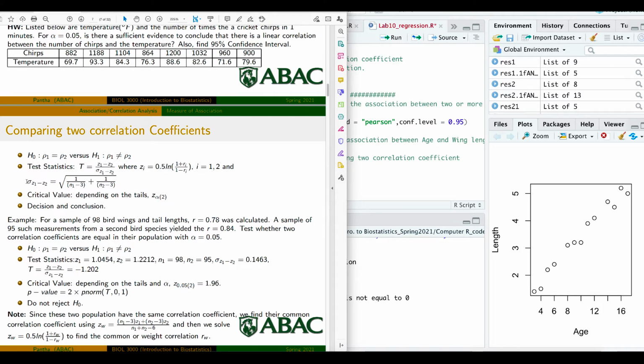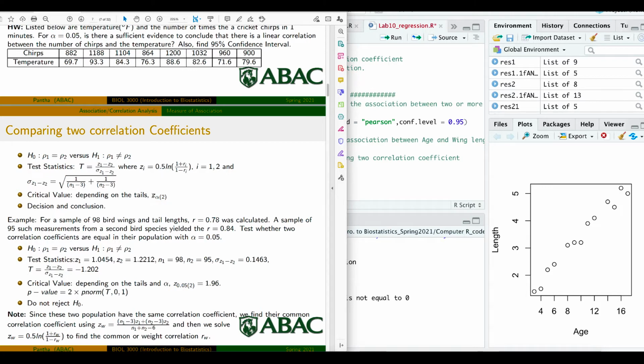And sigma, the error term, is given by the square root of 1 over (n1 minus 3) plus 1 over (n2 minus 3). And the critical value depends on the tails; we find the G alpha over 2 from the normal distribution, right? Because G follows the standard normal curve.